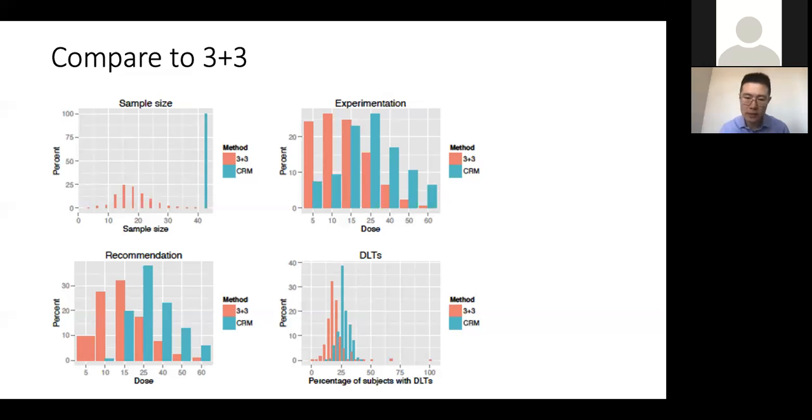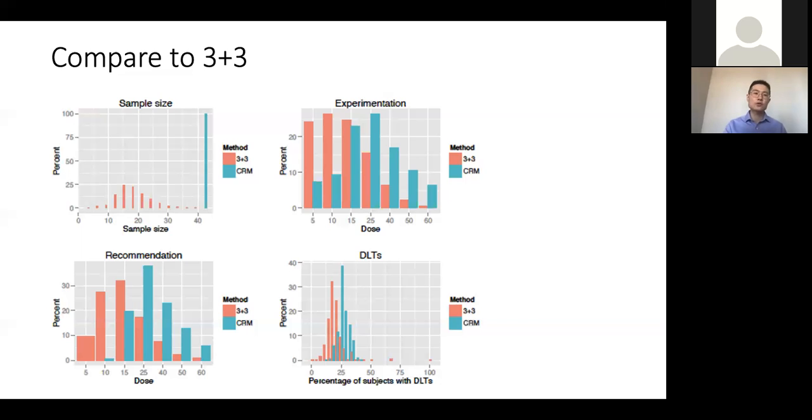Right? So basically, using 3+3, we can see that most patients are treated at suboptimal dose levels. So that's why the patients have a smaller percentage of DLTs during the phase 1 trial. But using CRM, most patients are assigned to the most efficacious dose level, while still maintaining the percentage of DLTs at our targeted toxicity level.